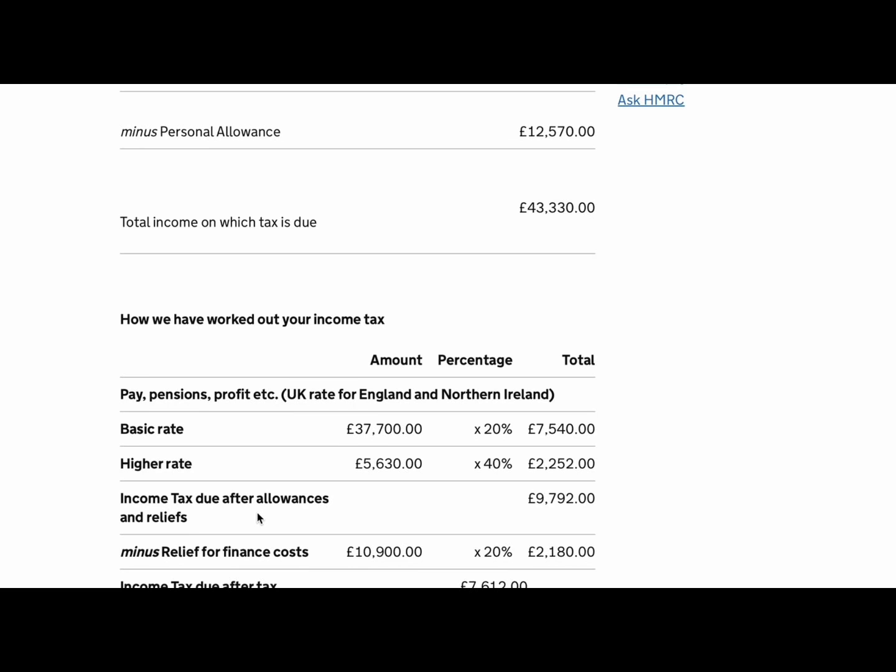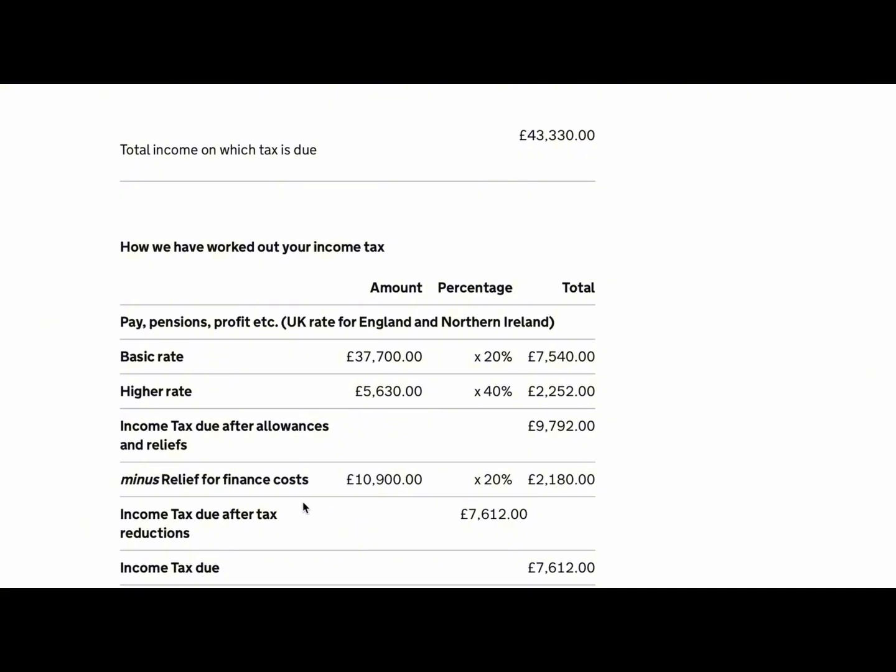Total tax would be £9,792, less relief for residential mortgage of 20% on £10,900, which is £2,180. So income tax due after relief is £7,612, that is due to be paid before 31st January 2025: £7,612.